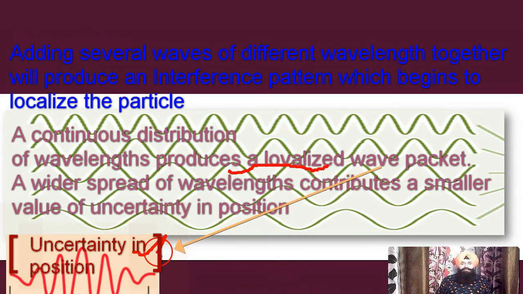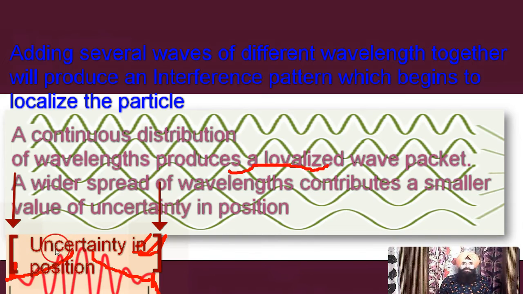Now notice the amplitude of the wave packet is maximum here, and it keeps decreasing along this side and ultimately becomes almost zero here, and it decreases along this side and approximately becomes zero here. That means the particle can be localized between these two points.